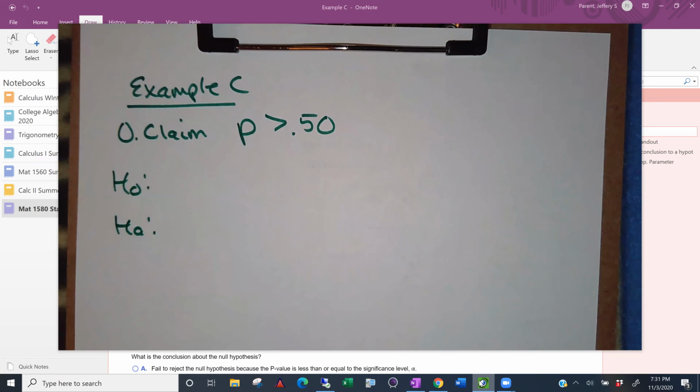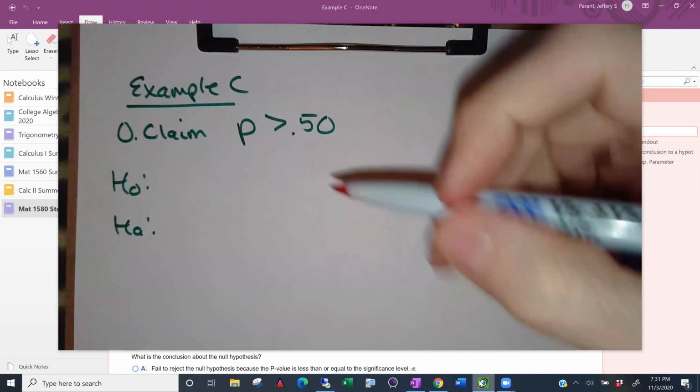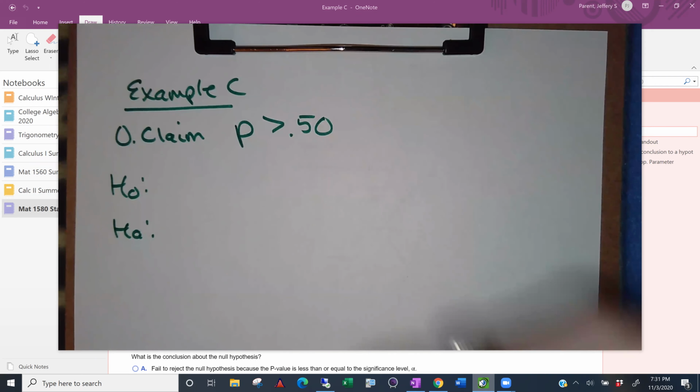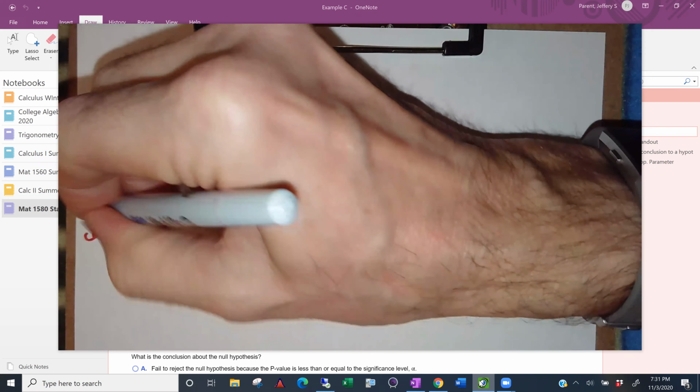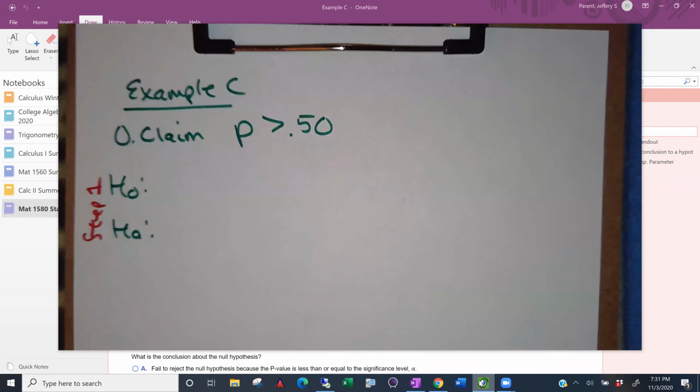Now I'm hoping that along the way, we'll get all the things we need to fill in for example C. But here's step one, our null and alternative hypothesis. What's H0? What's HA?